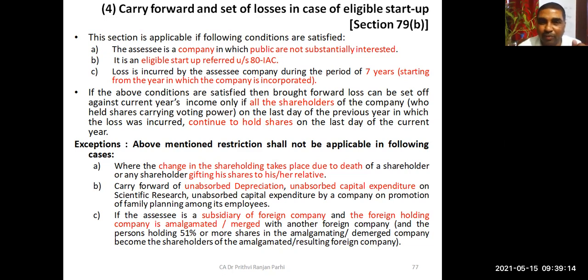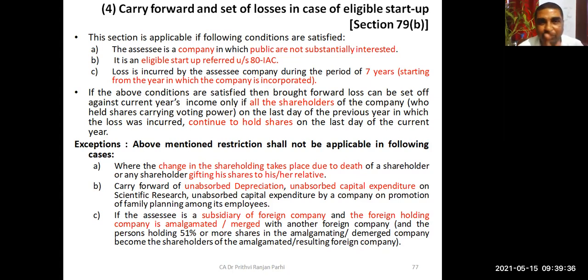These things can be carried forward even if conditions are not complied with. It is also not applicable when the assessee is a subsidiary of a foreign company and the foreign holding company is amalgamated or merged. In that kind of situation also, this condition need not be complied with, but still the loss can be carried forward.